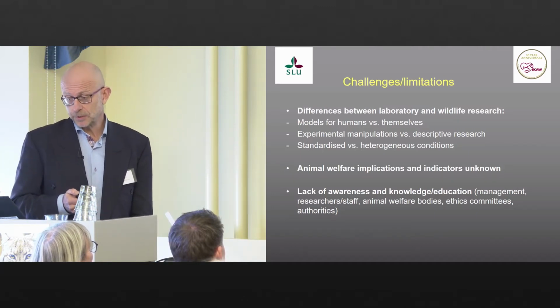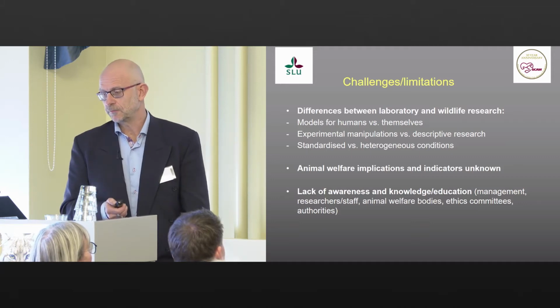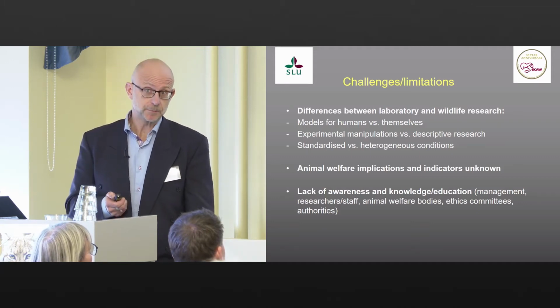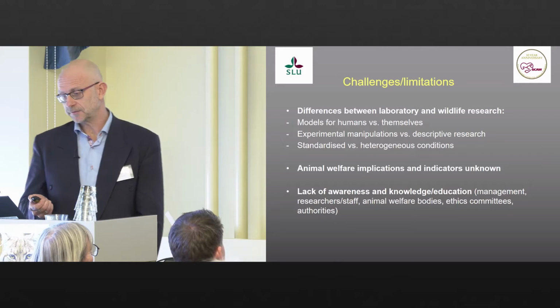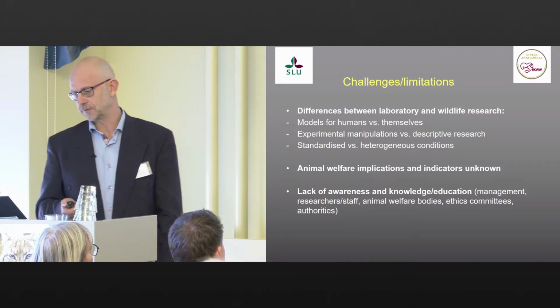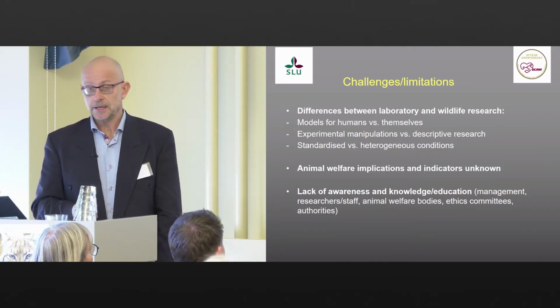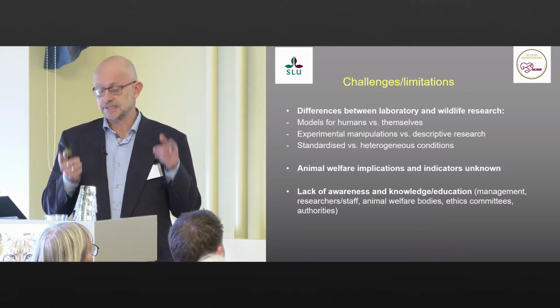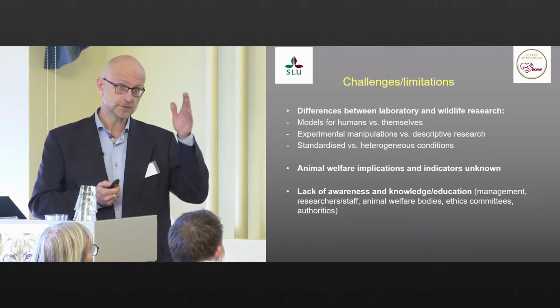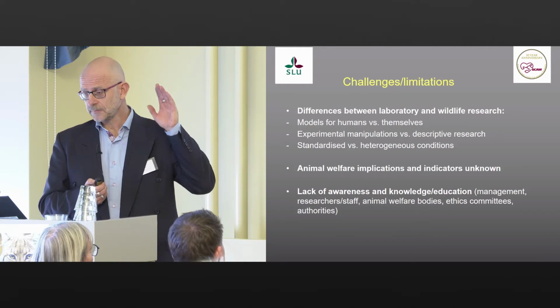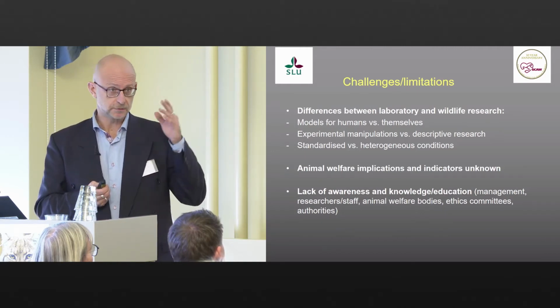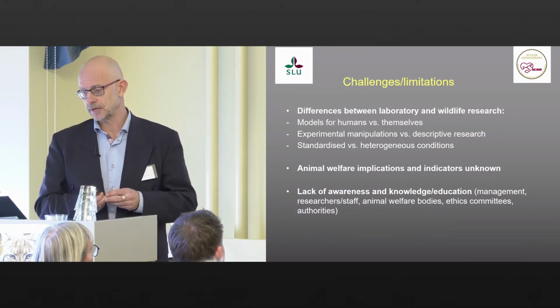In traditional laboratory animal research, you often do experimental manipulations, and in wildlife, at least until now, it's often descriptive research. And of course, there is a big difference in how standardized the research is when it comes to environment and animal, which are sometimes inbred when it comes to laboratory animals.